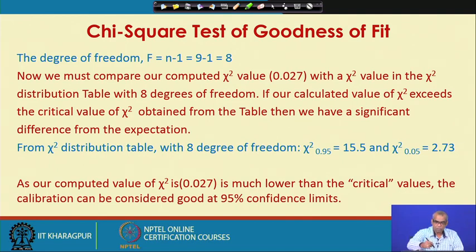We see that our computed chi-square, which is 0.027, is much less than the chi-square at 95% confidence level and the chi-square at 5% level. So, we say that the calibration can be considered good at 95% confidence limits.